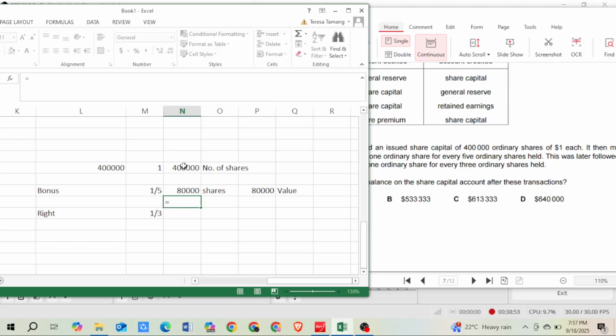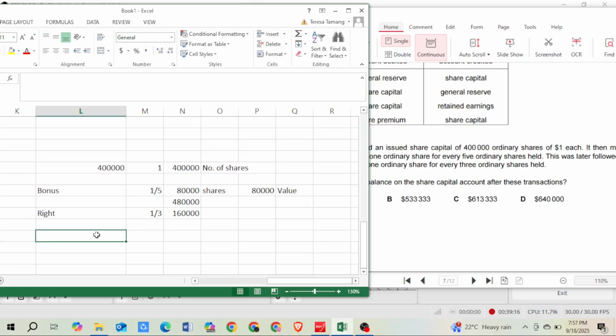I had 400,000, and then the bonus shares add another 80,000, so 480,000. We are giving rights shares on this 480,000. For every 3 held, we give 1, so 1 by 3. So we are issuing 160,000 shares. That is the rights shares.